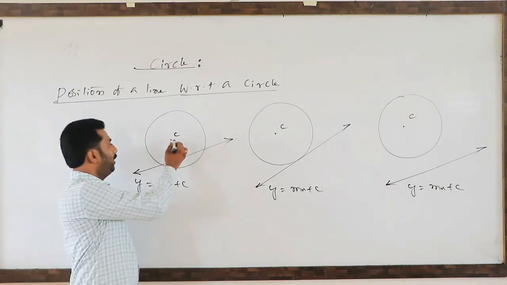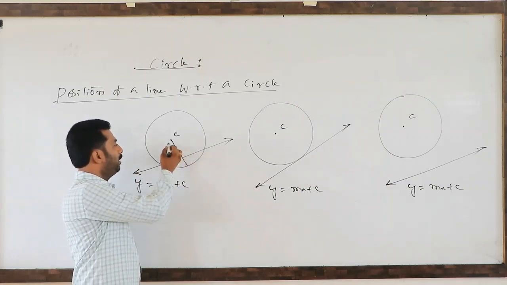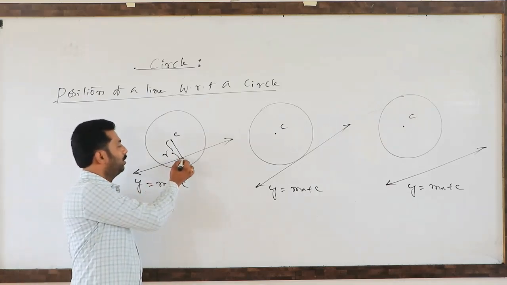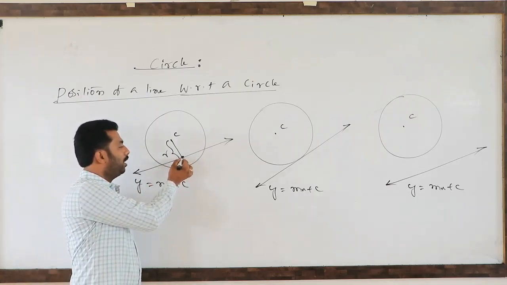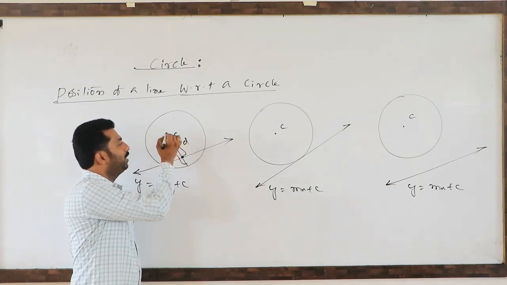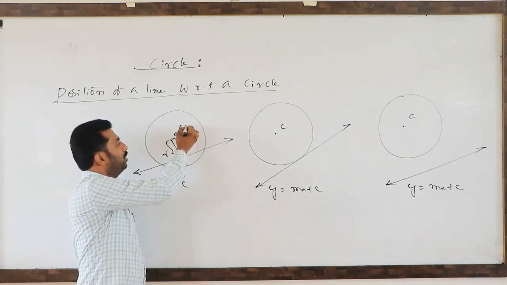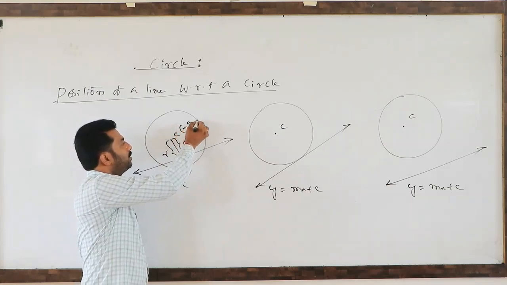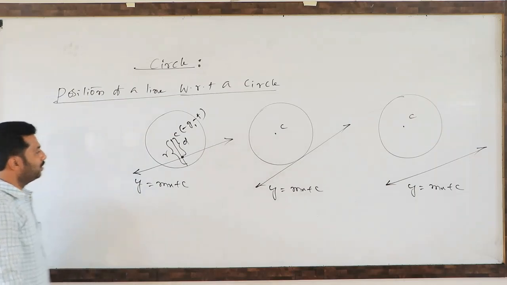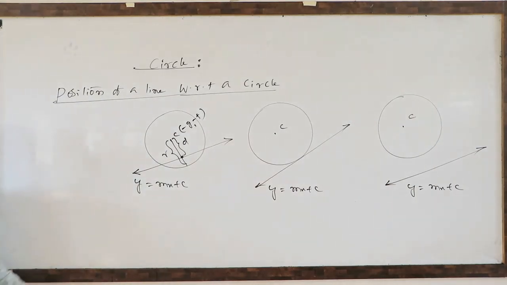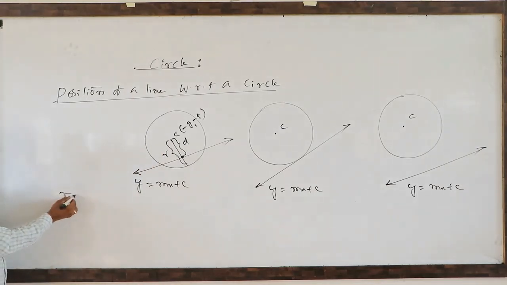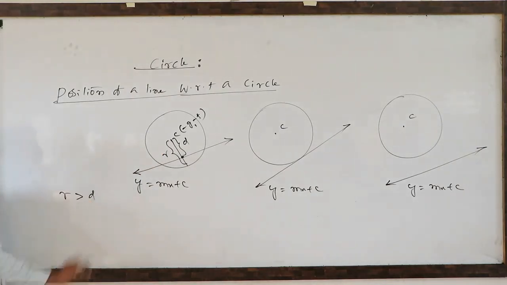No doubt about it, this is the radius. You observe this point. From the center to this point means perpendicular distance. For example, the center of the circle is minus g comma minus f. So very clear, if one line intersects the circle, the radius is always greater than the perpendicular distance.